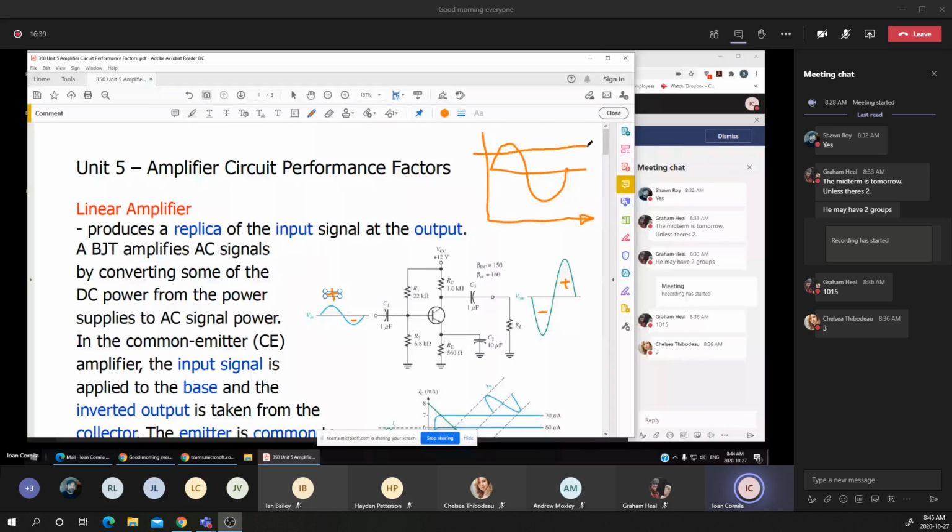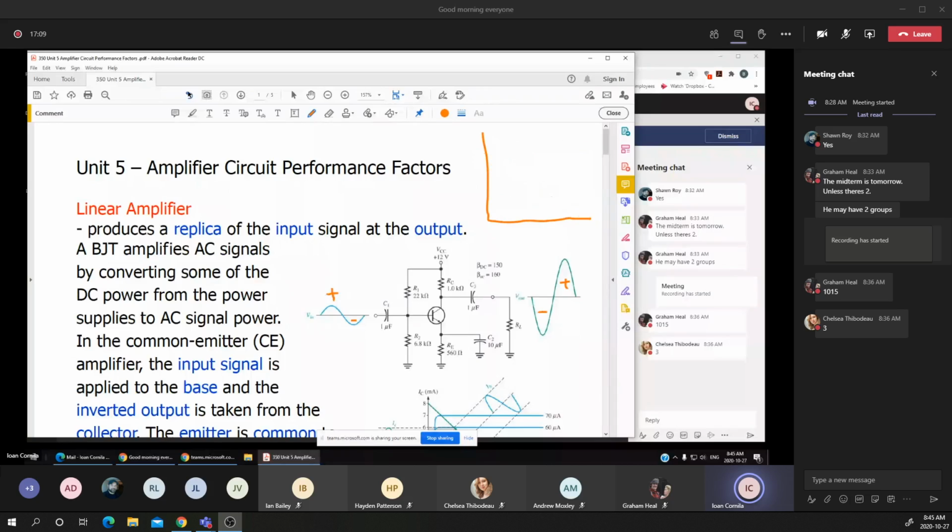Means that I have a limitation on the upper side. Means that the top side may be clipped, or the output signal will be distorted. Or if we are placing the DC voltage a bit lower, let's say on this value of the DC voltage, the lower side of the signal may be clipped.